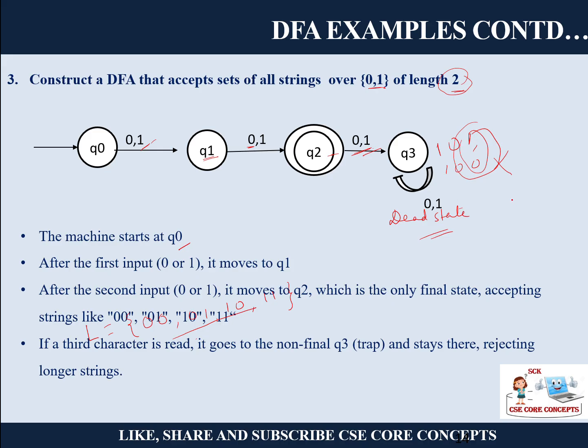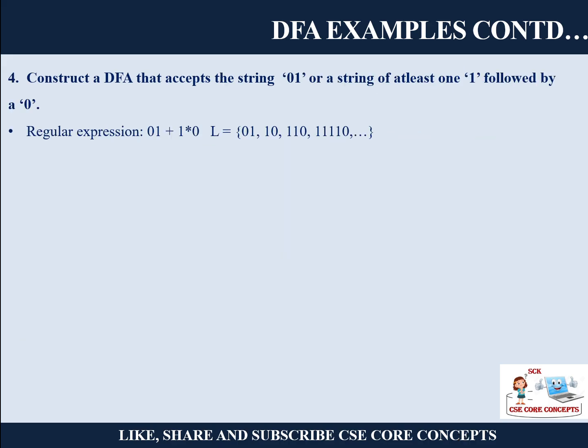So if I have 10, and then I am writing 100, whatever, this all will lead to a trap. So in the trap state also, whatever you put after length 2, 0 or 1, you will remain in the dead state only.